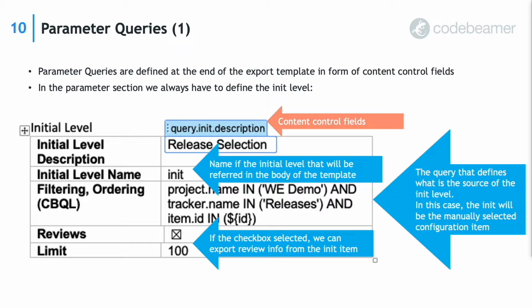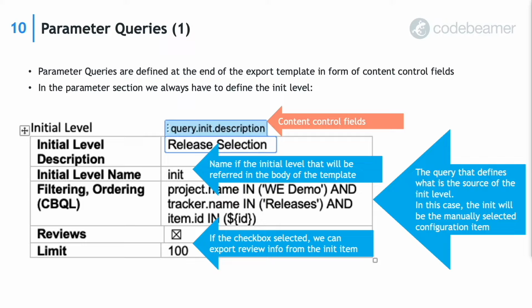Level description is strongly recommended because if you want to update your template months later, or someone else's template, it can be very helpful to know what the original intention was. Name of the initial level: the practice is that we leave the default name init, but you can rename it, of course.